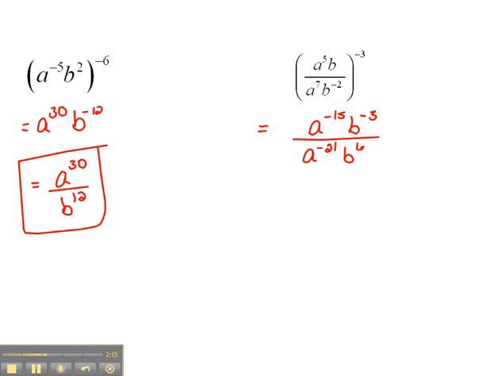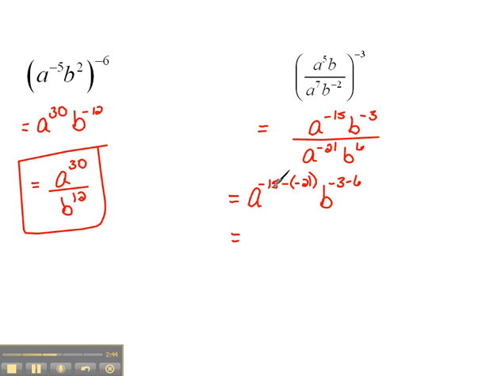Now it's here that we have a couple of different options. On the one hand, we're going to work this using our quotient rule. Our quotient rule says when we're dividing like bases, we're supposed to subtract the exponents. So this would be a to the negative 15 minus negative 21, and for our b's, we would have b to the negative 3 minus 6.